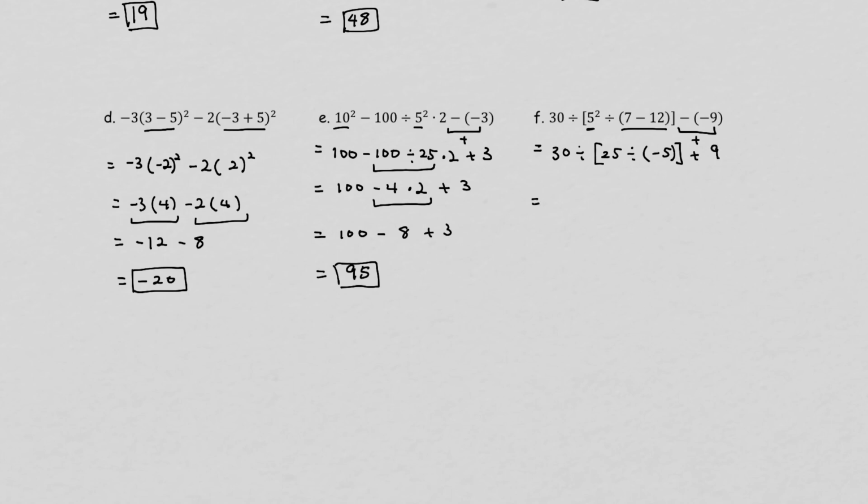I need to do the bracket, right? So it'll be 30 divided by negative 5 plus 9. I need to do division before addition. So that will be positive 30 divided by negative 5. One negative, the solution should be negative. 5 goes into 30 six times, plus 9. It gives you positive 3.